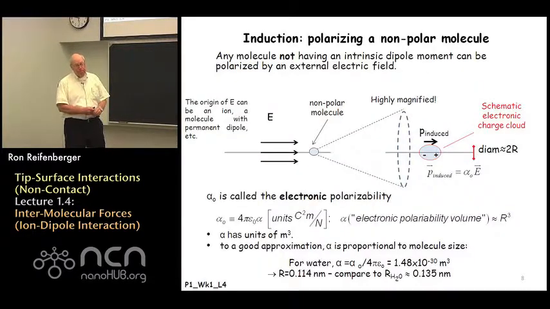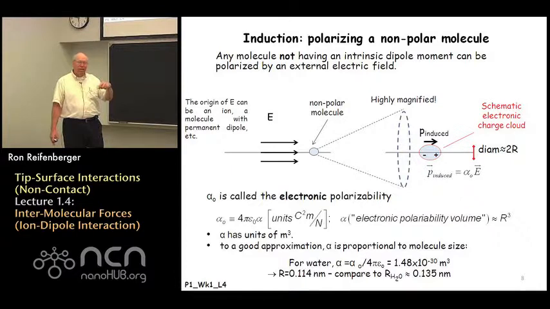The next topic is what happens if a molecule or an atom does not have a permanent dipole moment, right? How does it interact with, let's say, an external electric field? Just thinking about the problem at first glance, you might say, well, there would be no interaction between this nonpolar molecule and, let's say, an electric field that happens to exist in space.